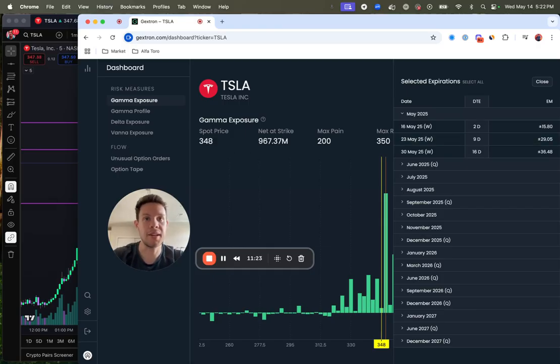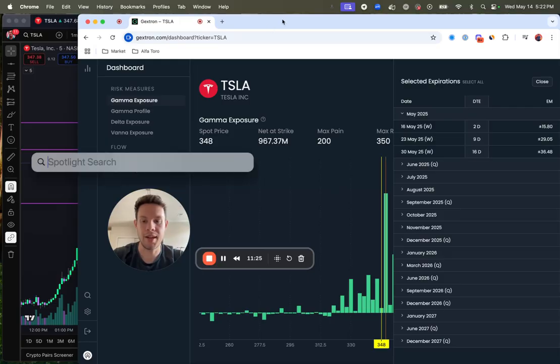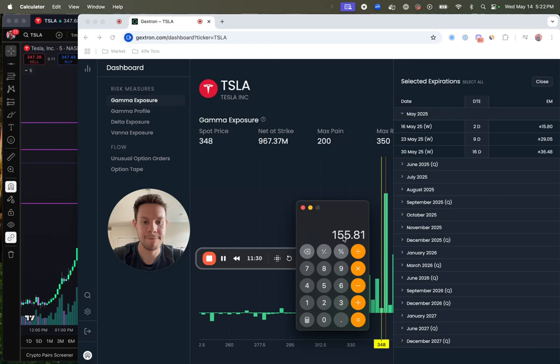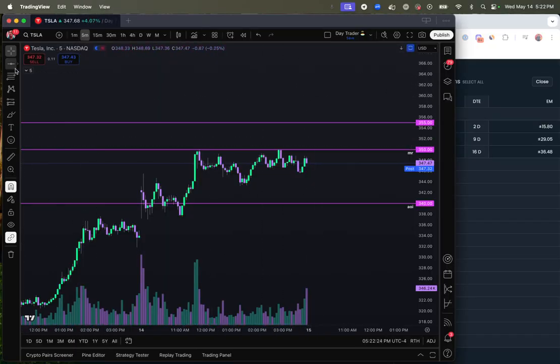Let's pull out the calculator. $348 plus $15.80, it can go all the way to $363.80, and let's mark that level as well, because we like to know what is remaining.